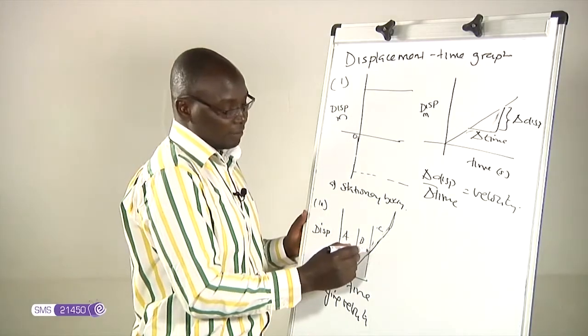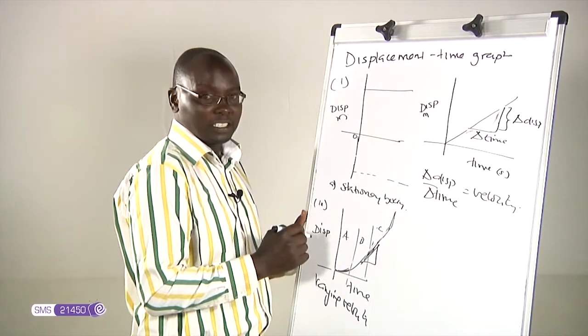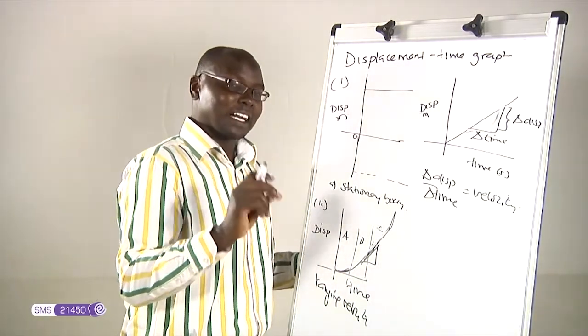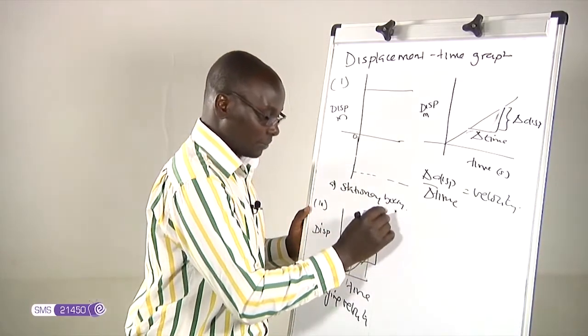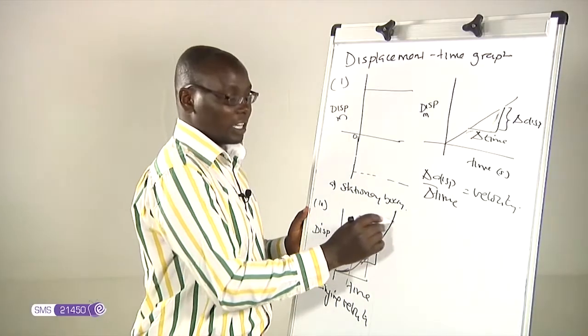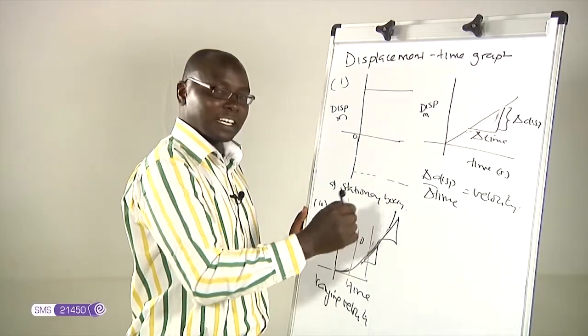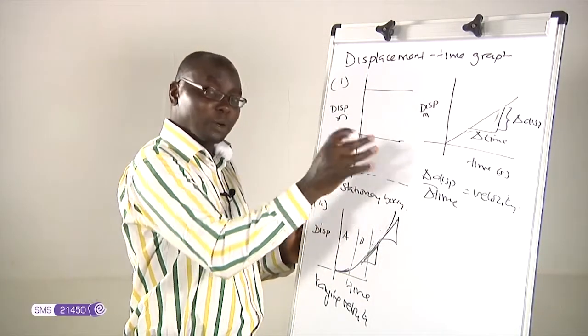So this being a curve, we can see the gradient at any given point. Because this is a curve, we have to ask ourselves then, how do you get the gradient at a given point? Maybe let me show it clearly. At this point, we draw a tangent, then get the gradient of that line, which is actually different. The gradient at different points is different.